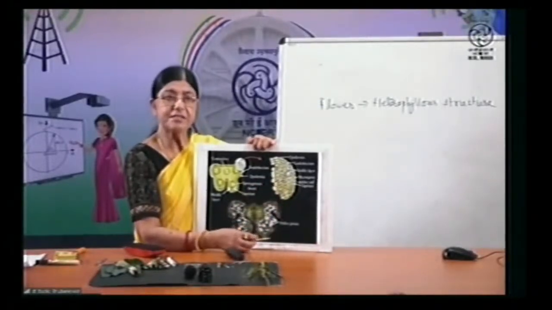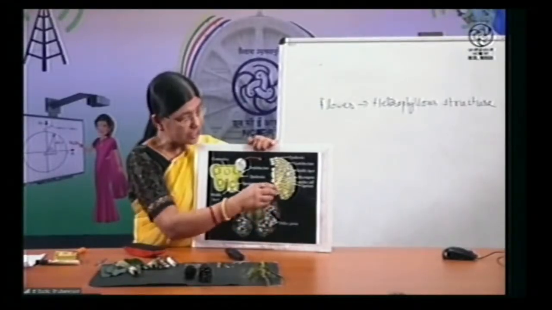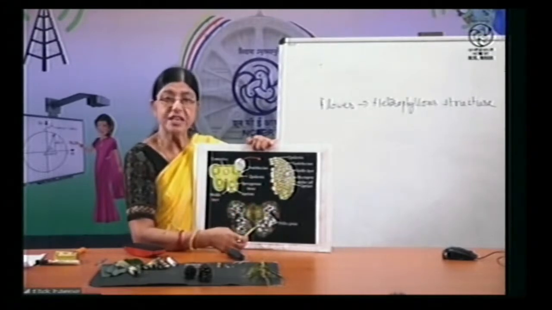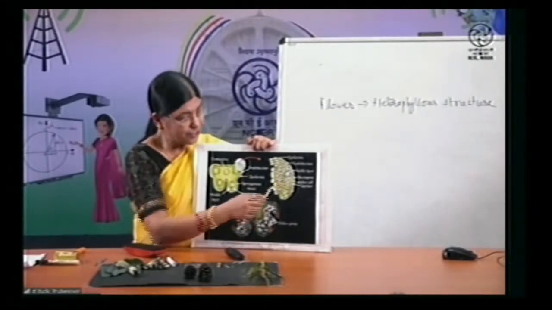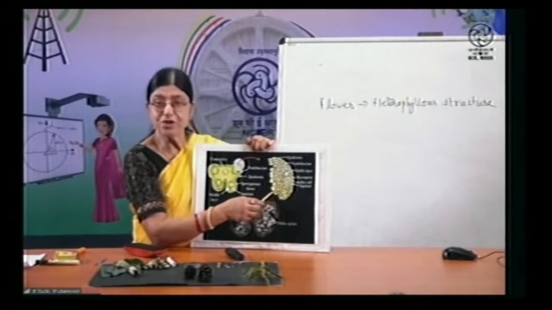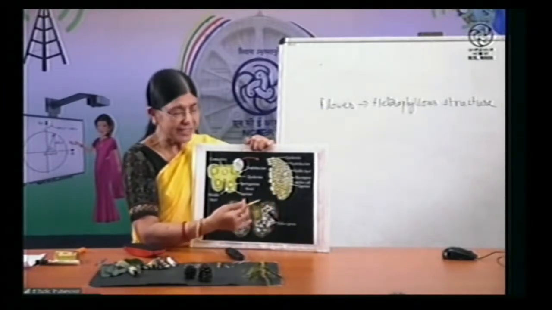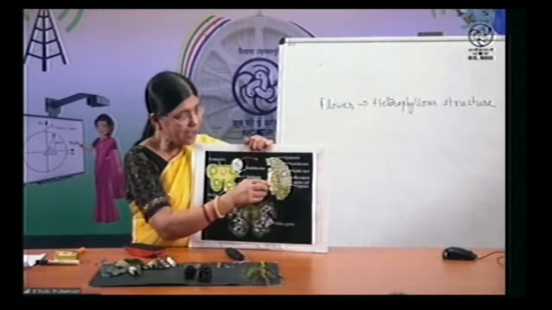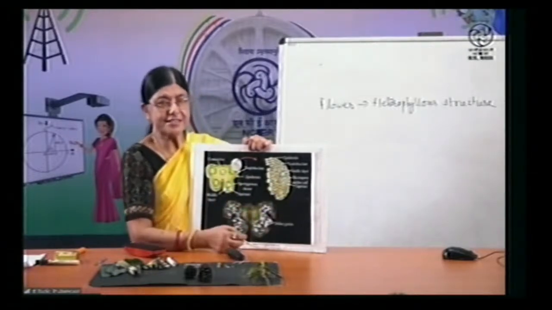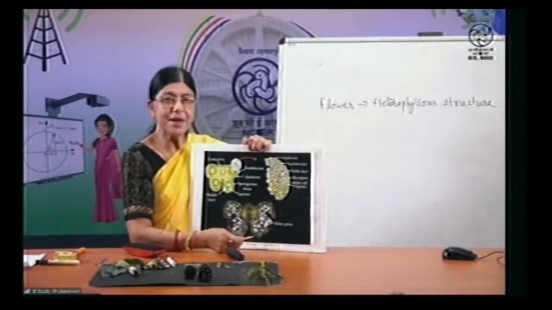There are many different ways by which this binucleate or multinucleate condition is achieved. Here I'm putting a question. If you get the answer, we'll discuss, otherwise I'll tell you. What is the reason that it has dense cytoplasm and a bi- to multinucleate condition? How does it help in its function?